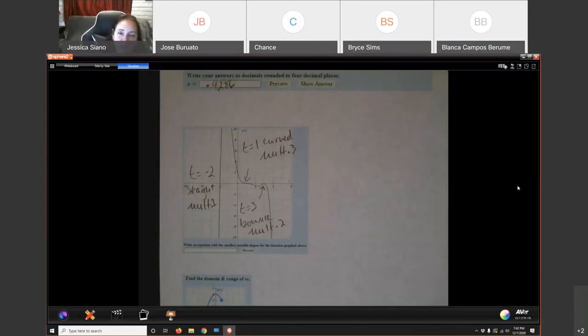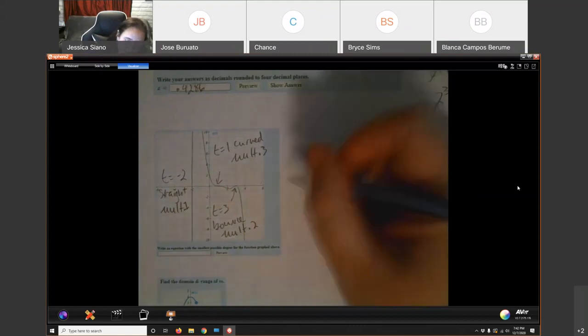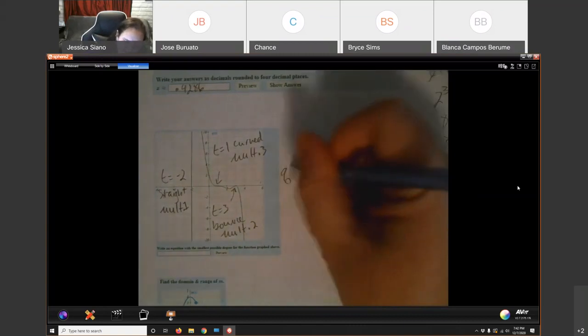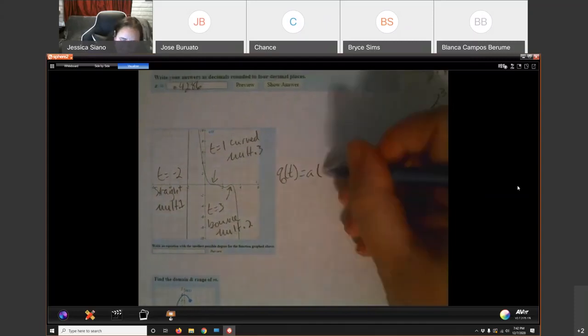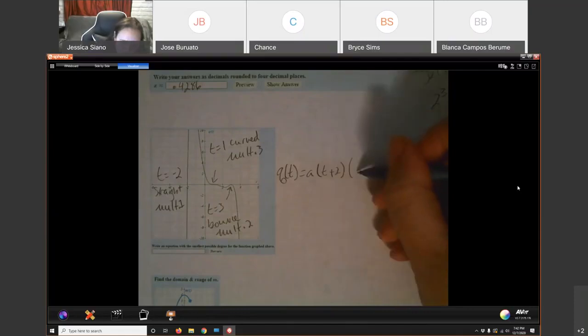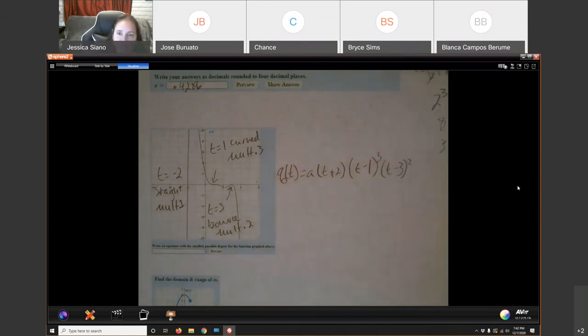So the only thing that I don't know right now is my leading coefficient. So I'm going to put an A as a placeholder for that. And say, okay, I know T plus 2, multiplicity 1. I know T minus 1, multiplicity 3. And T minus 3, multiplicity 2.